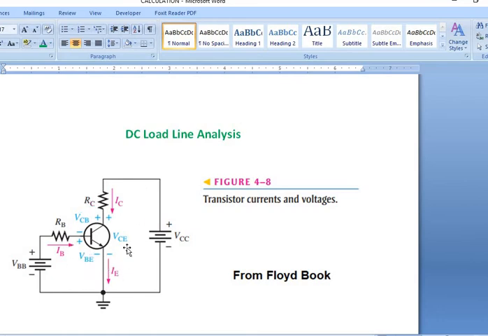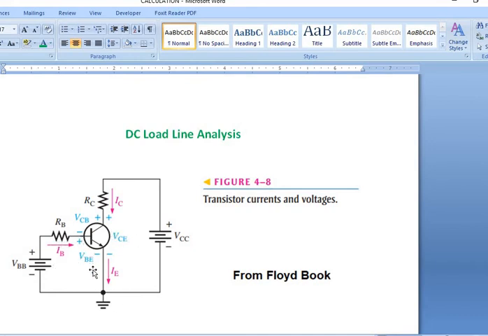Just to recap, this is a transistor, and this arrow direction shows that it is an NPN transistor, because it is the positive terminal and it is an N terminal. So it is an NPN transistor, and the configuration or mode or topology is the common emitter configuration. So these currents are known as IE, IC, IB.